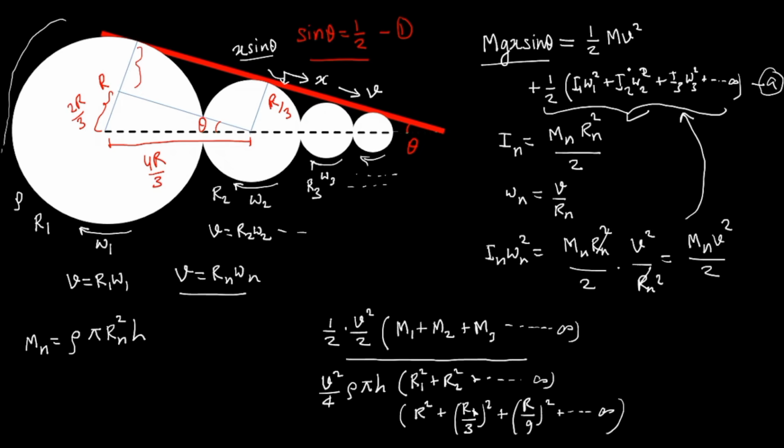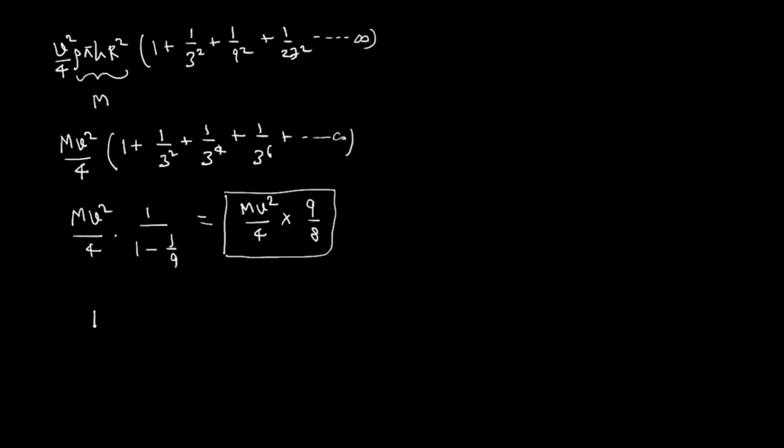So now you use this equation A. These two terms will come up. Mg x sin theta is equal to half m V square plus this one, m V square upon 4 times 9 upon 8.